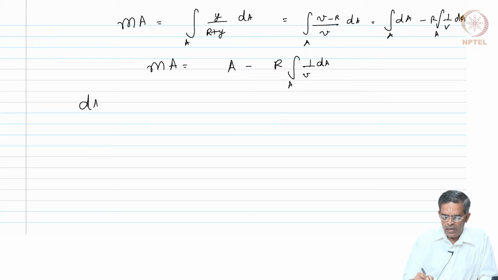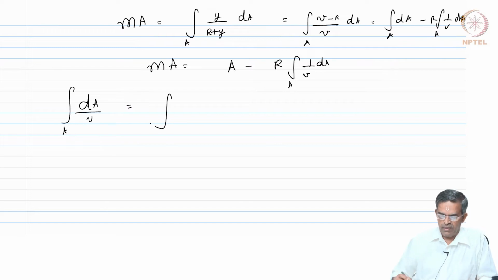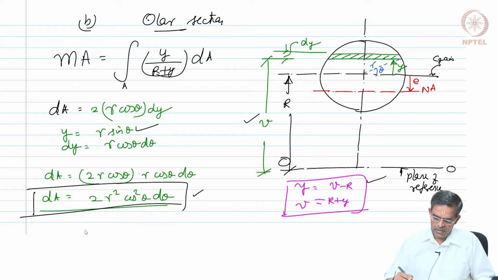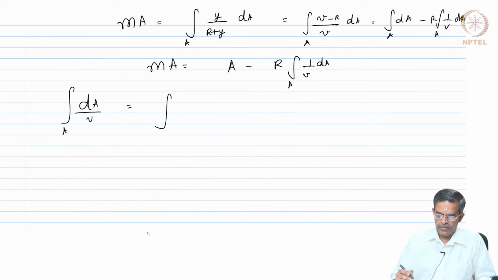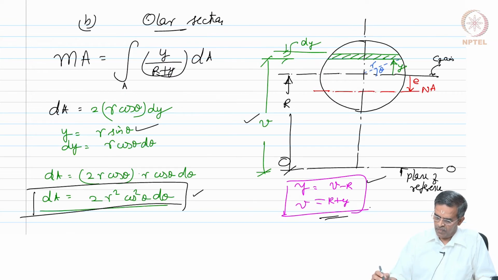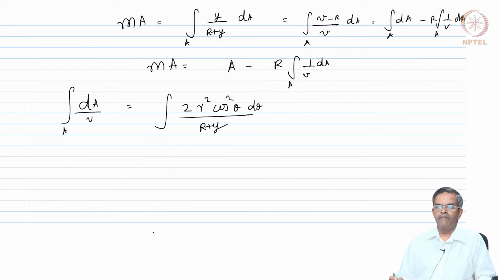Now, for the integral of dA by V, dA we already have an equation with us here, 2 r square cos square theta d theta. Let us use it here. So, 2 r square cos square theta d theta by r plus y, because V is r plus y, d theta.